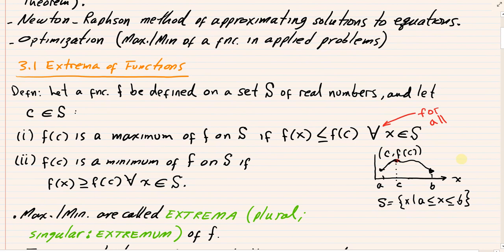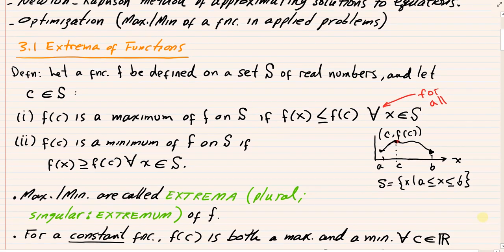And the singular version of that word is extremum of f. So if I have a single max, that would be an extremum of f. But if I'm looking at both max and min, let's say, for 2 different purposes, then I'm interested in the extrema of the function. Okay.